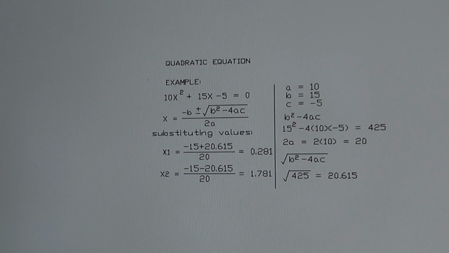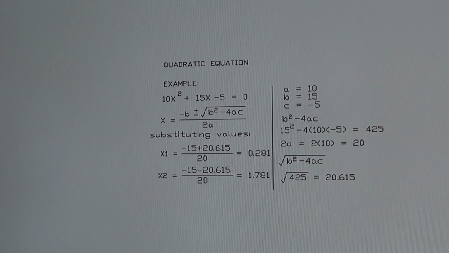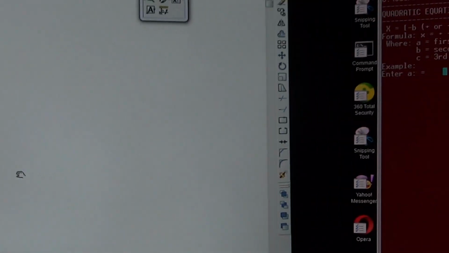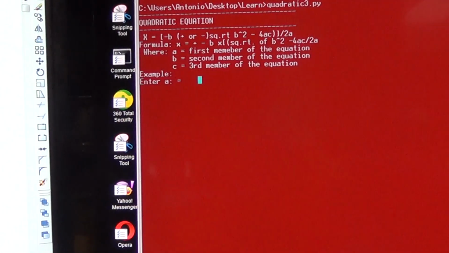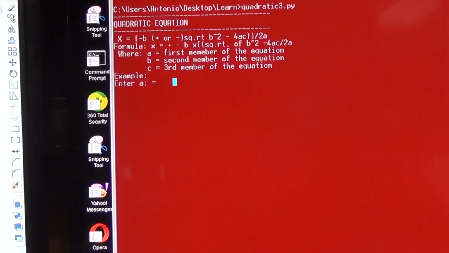That's why I don't like Python 3.4.5. I don't like it because the display of the output is very small. You can't even see it. But this one here is very wide. Now here we go. I'll show you that. You have to key in the 10, 15, and minus 5 and it gives you the answer. This is the other computer, computer number 2, 3. I have 5 computers to use for the design.